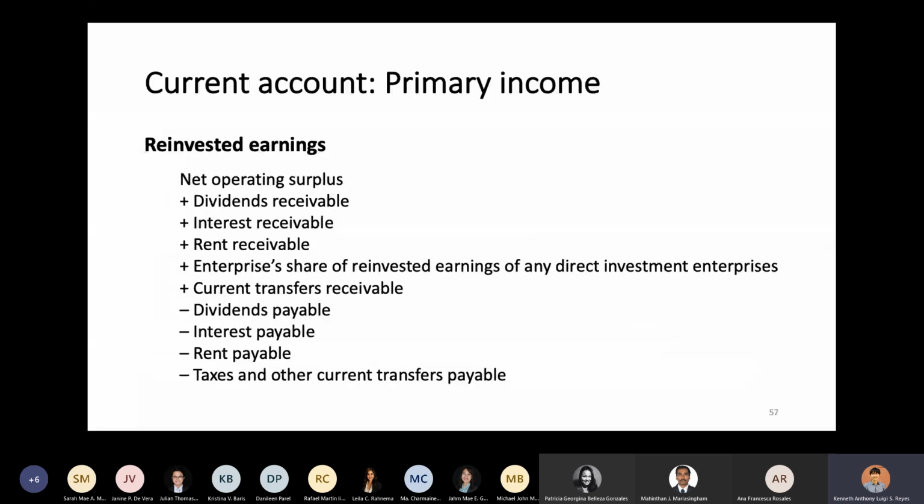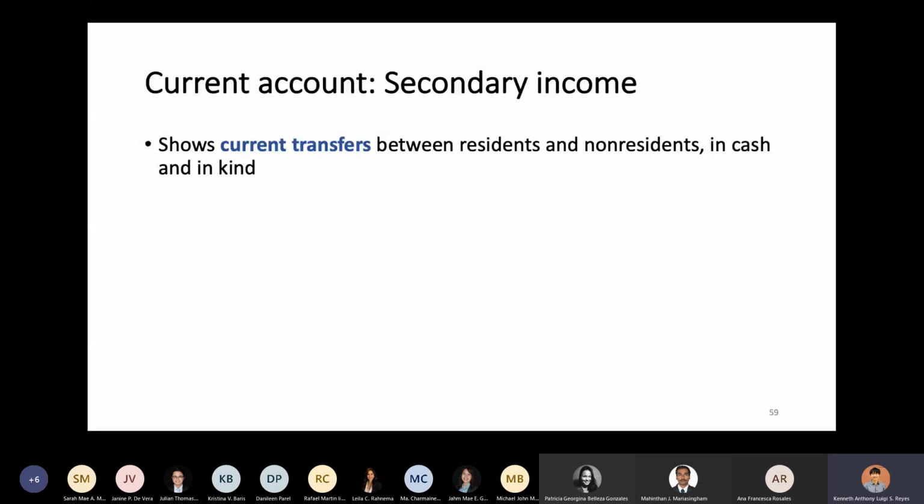The final account I'm going to talk about is the secondary income account. These are all the unilateral transfers between residents and non-residents. It excludes capital transfers, which are recorded in the capital account.